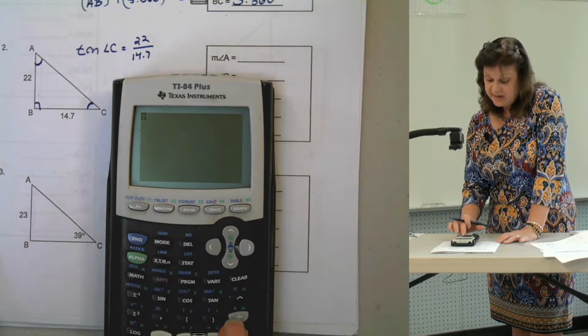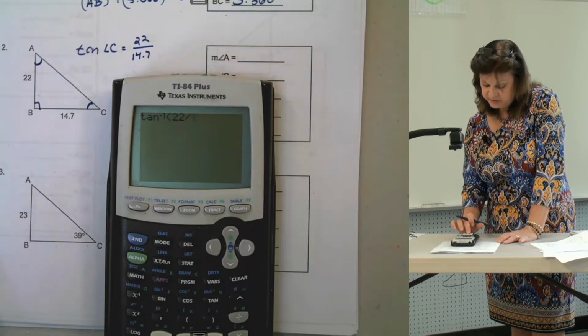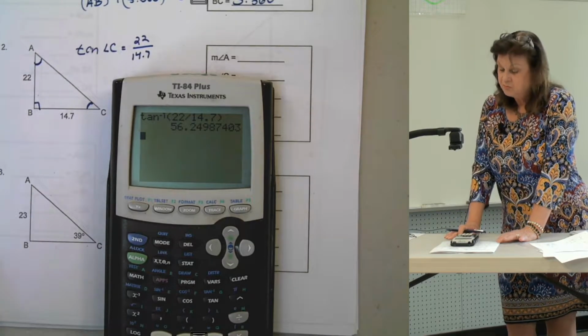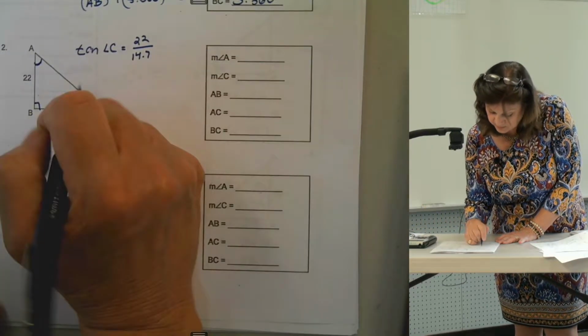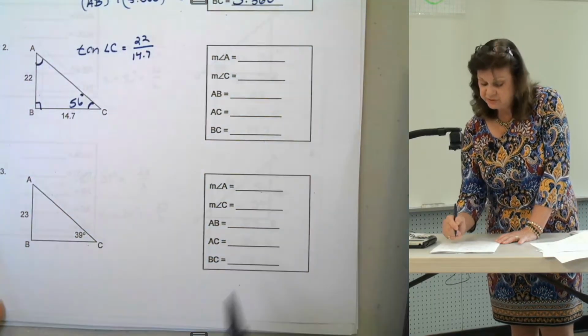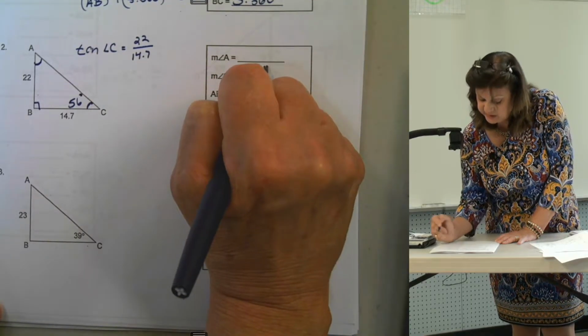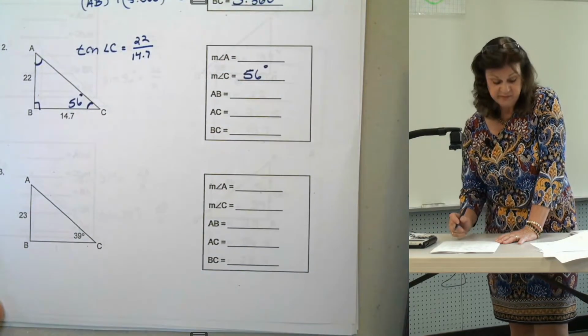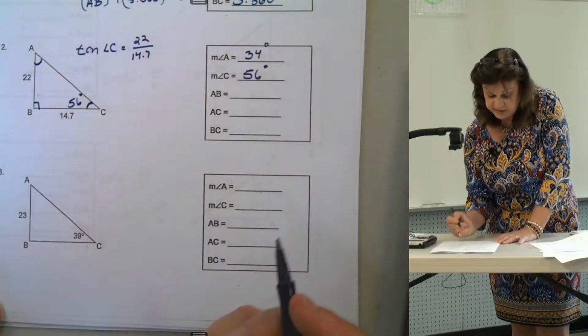What angle has the tangent 22 divided by 14.7? And you've got 56 degrees. Well, now you don't have to use trig anymore. You know that angle C is 56 degrees, so 90 minus 56, angle A is 34 degrees.